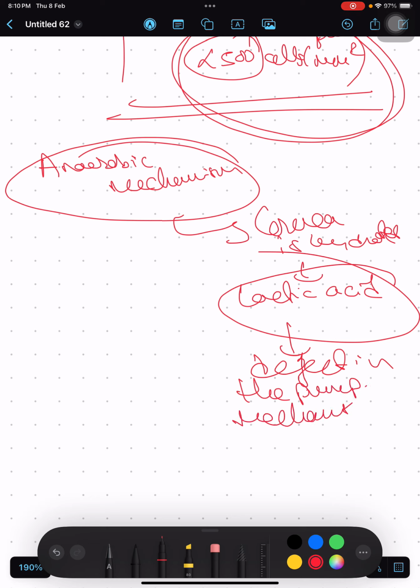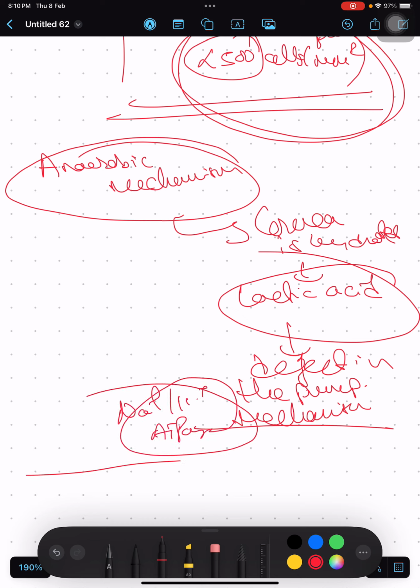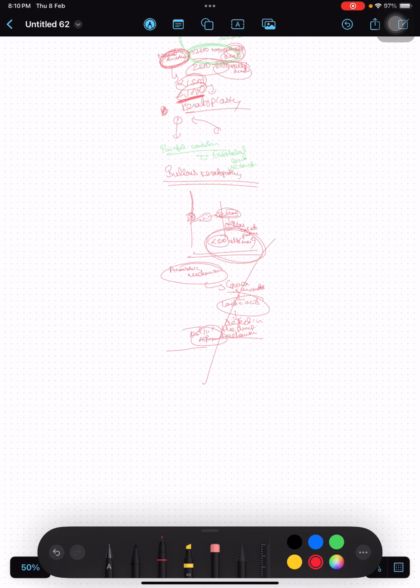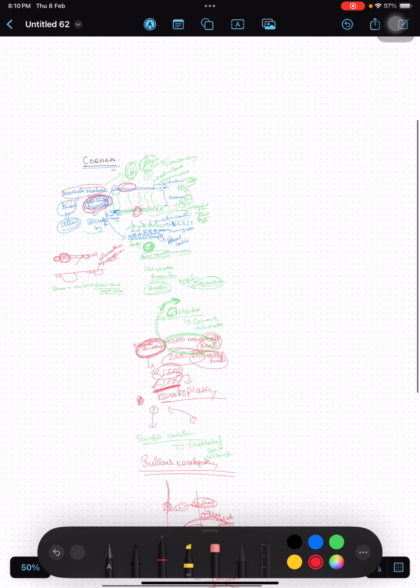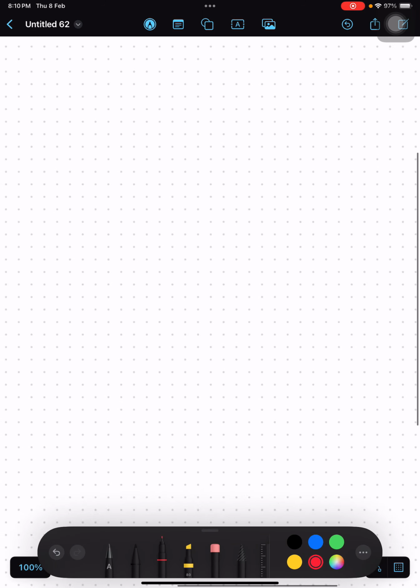What pump mechanism? The sodium potassium ATPase pump. So this doesn't work, and that will lead again to corneal hydration and corneal edema. I hope I have made you clear till here. Now let's move on to some other topics.